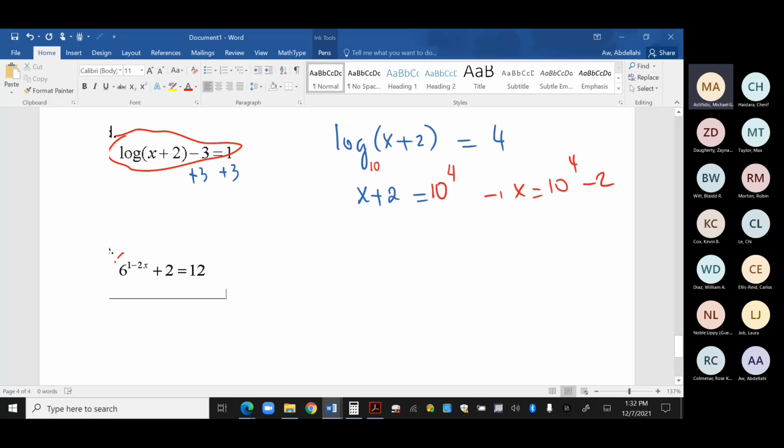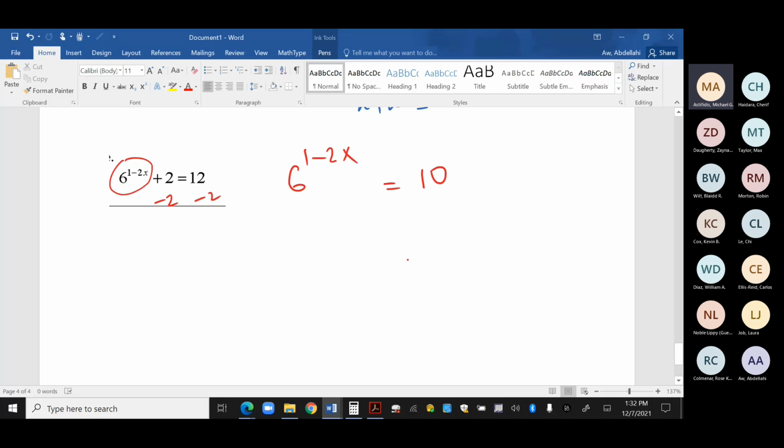So we're gonna get the exponential by itself, right? By doing 6 to the 1 minus 2x equal to 10, by subtracting 2. Now, what is the log form of this? The easiest log form, log base what? What is the base? Base 6. Log base 6 of 10 is equal to 1 minus 2x, right? That is a log form.